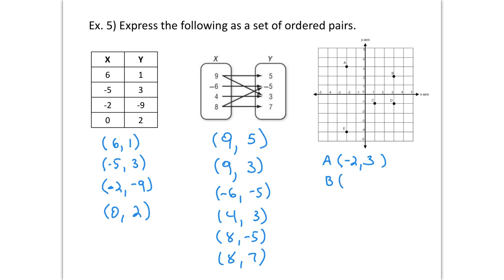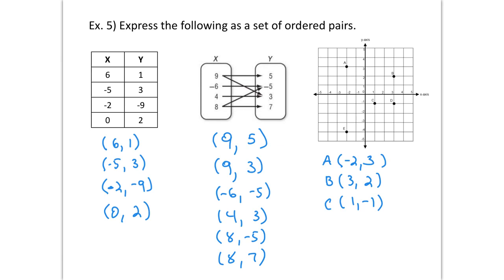My next point is B. So it's going to be positive 3, positive 2. The next one is C. Point C is at 1, negative 1. And again, that's because from the origin, you go 1 to the right, so that's positive, and 1 down, that's negative. You always start with the x-axis. You always go to the left or to the right.